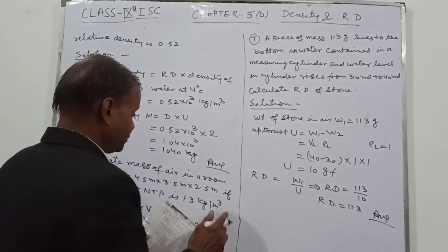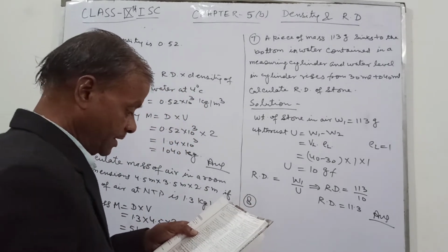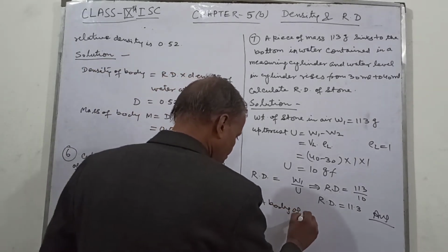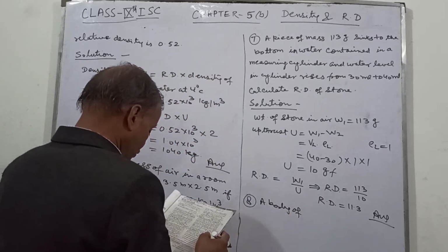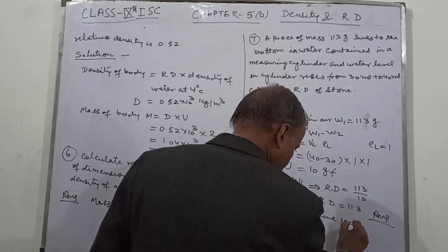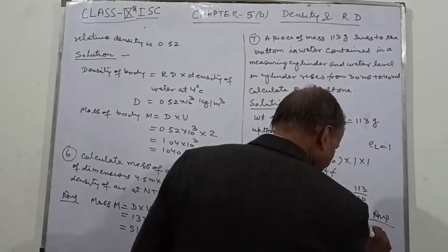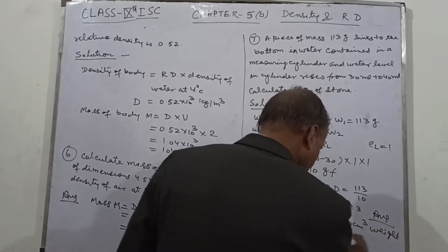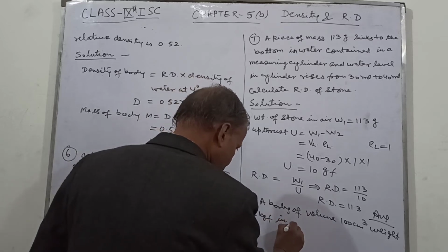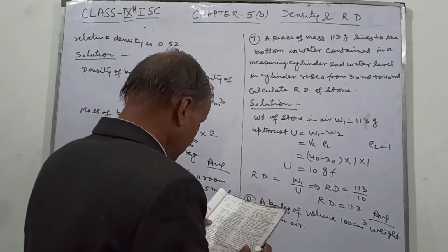And now question number 8. A body of volume 100 centimeter cube weighs 1 kilogram force in air.